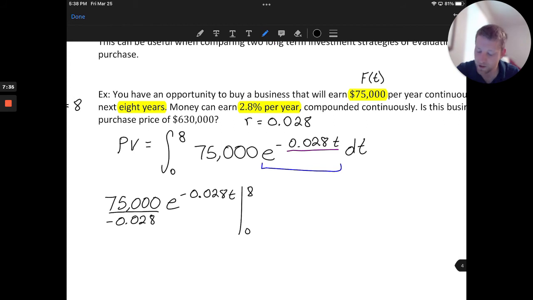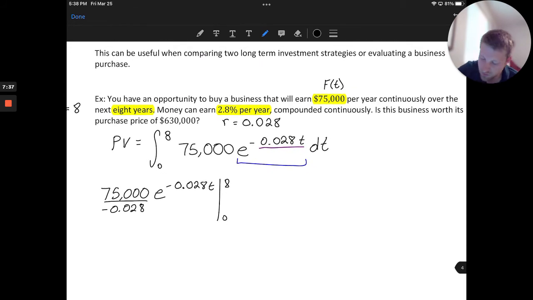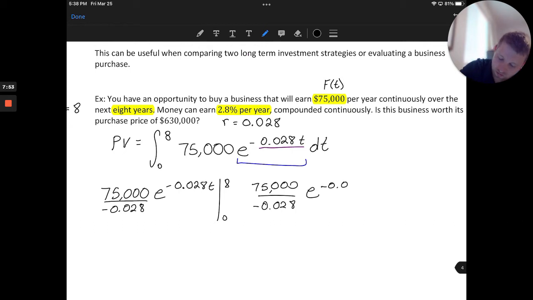So when we go to evaluate this at 8 and 0, we can write that out here as well. 75,000 divided by our 0.028, and then raise e to my rate times 8.